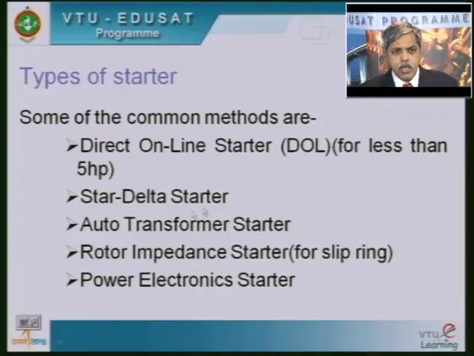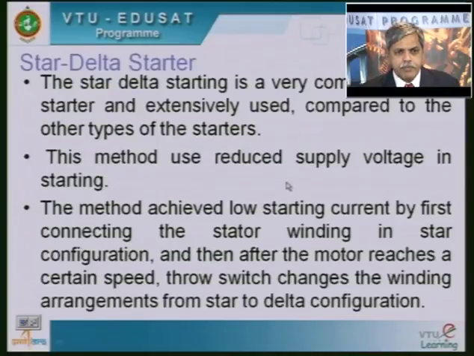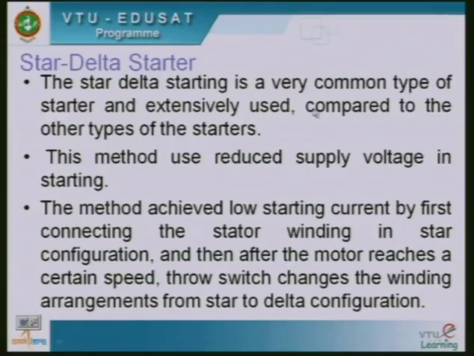So, out of all the starters, I will explain the star delta starter. See, the star delta starter is a very common type of starting and is extensively used compared to the other types of starters. This method uses reduced supply voltage in starting.